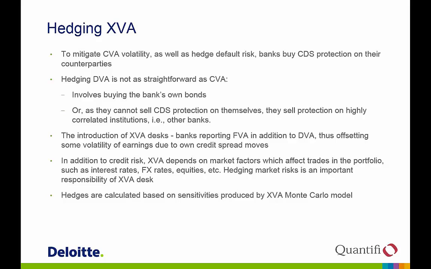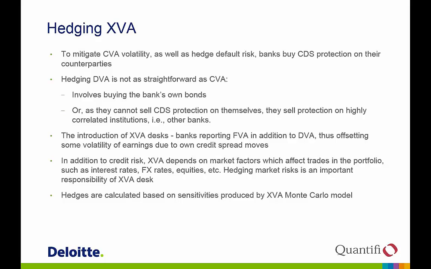I already mentioned the introduction of XVA desks, and the fact that banks report FVA in addition to DVA to offset volatility of earnings due to credit spread moves. In addition to credit risk, XVA depends on market factors. That's basically what unifies all the components of XVA.